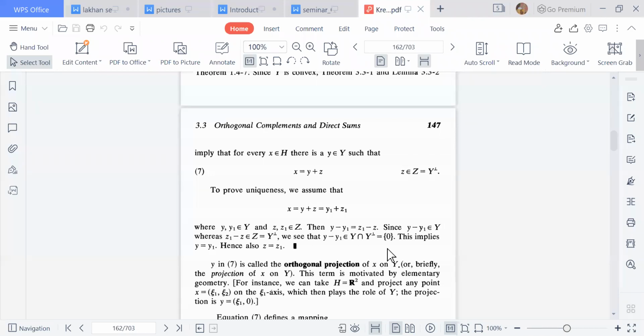This implies that y is equal to y1. And also z is equal to z1 because Y intersection Y complement is equal to 0. It is null.